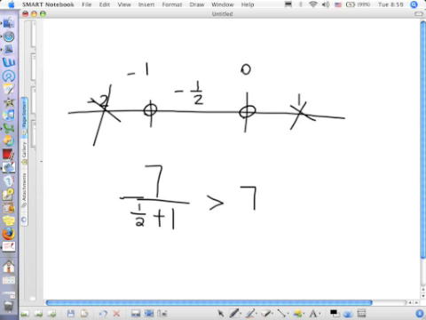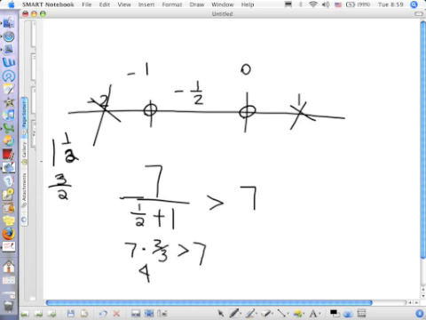Does everybody see that this is 3/2, because 1/2 plus 1 is 1.5, or 3/2? If you say divided by 3/2, you should actually say times 2/3. So it's 7 times 2/3 is greater than 7. That's 14/3.